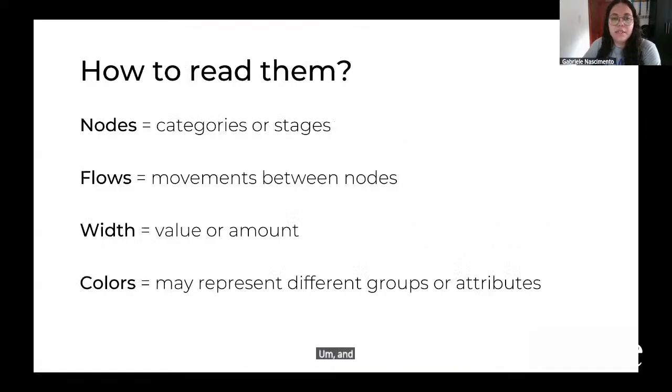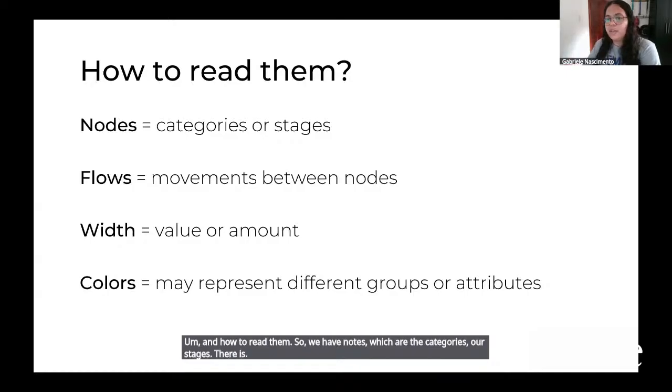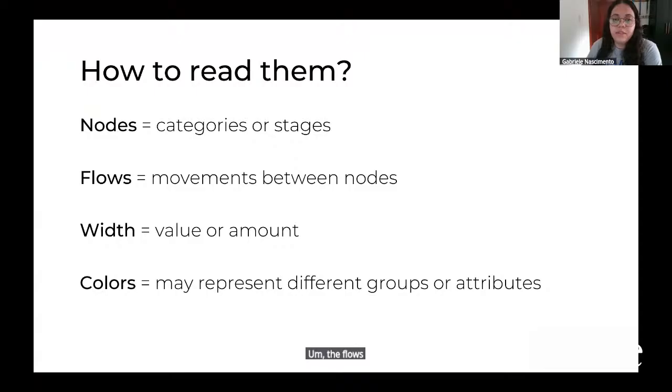And how to read them. So we have nodes, which are the categories or stages. They are like the boxes, that is the source and the target for the visual part. The flows are the movements between the nodes, so the links that look like arrows.